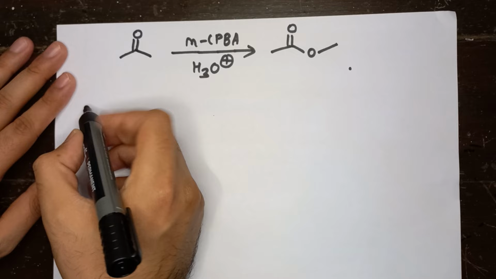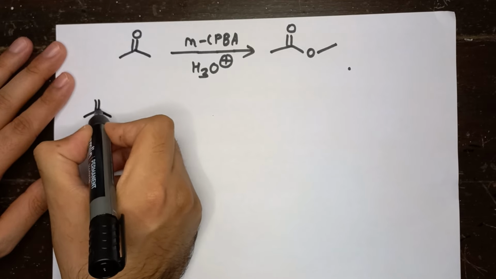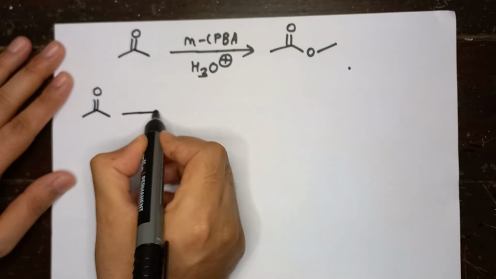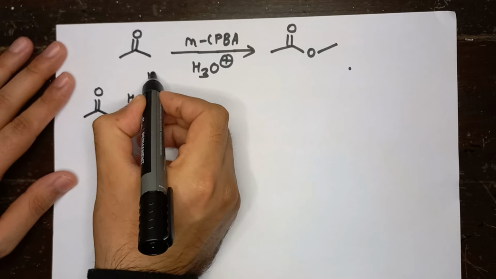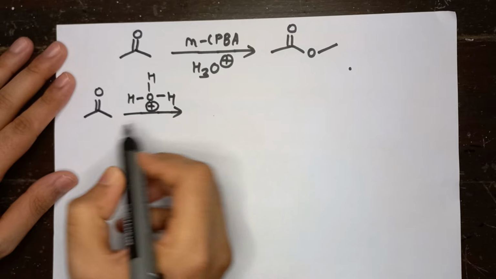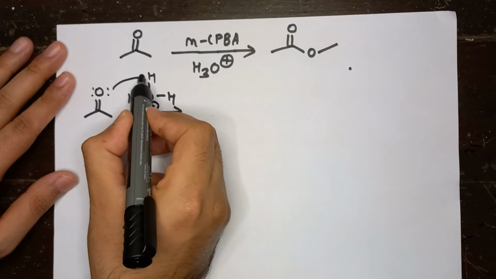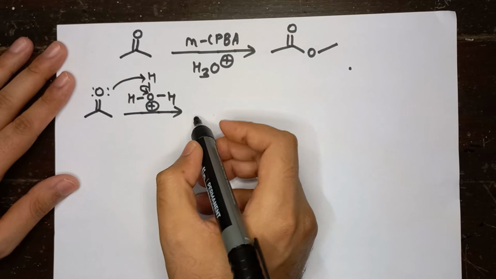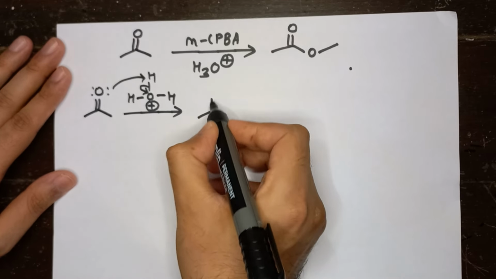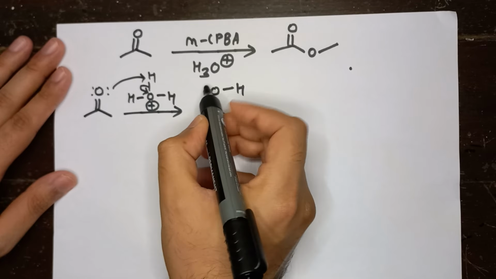So we have this acetone, we have hydronium ions, acidic condition. So this oxygen will take this proton, neutralizing oxygen or eliminating water molecule, and now we have activated the carbonyl system.